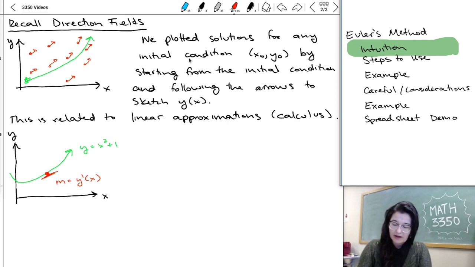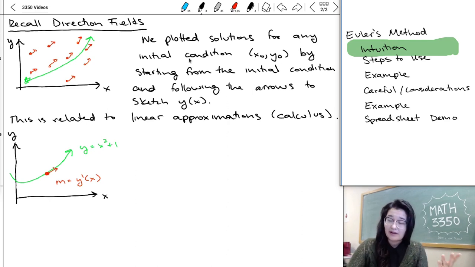And making the connection back to direction fields, those little arrows that we drew in the direction field were actually those slopes of tangent lines. They're the same thing, just arrived at from different directions.